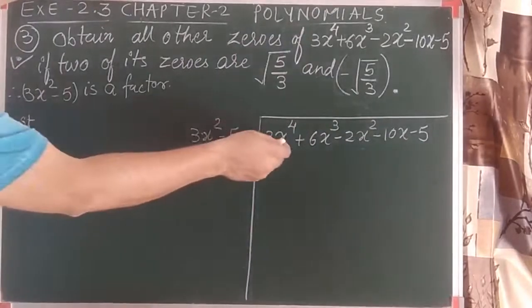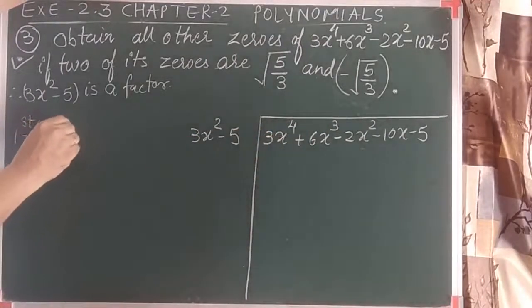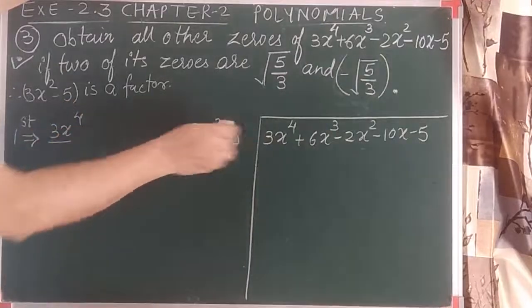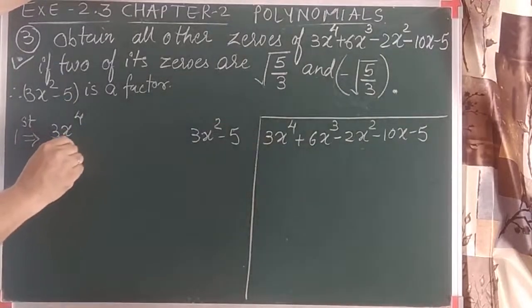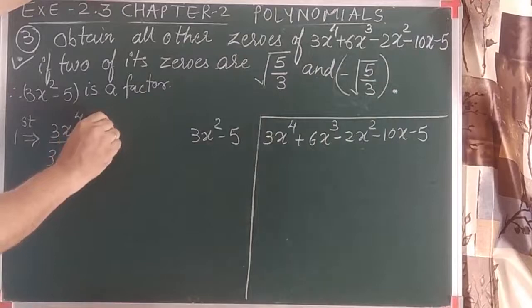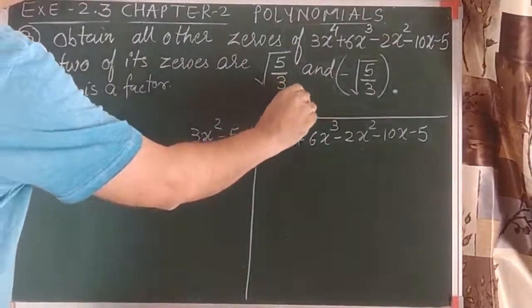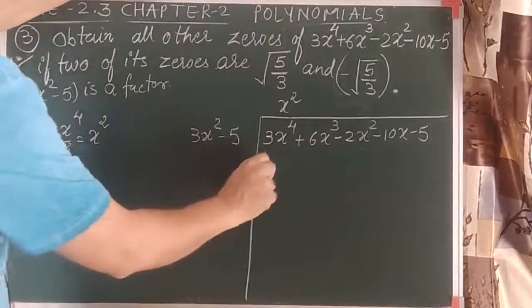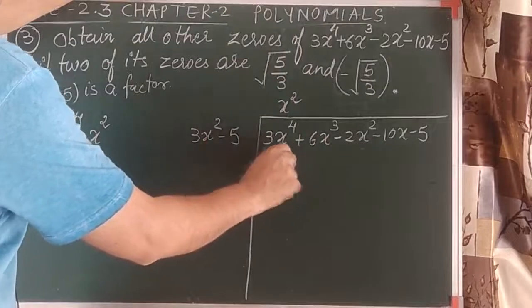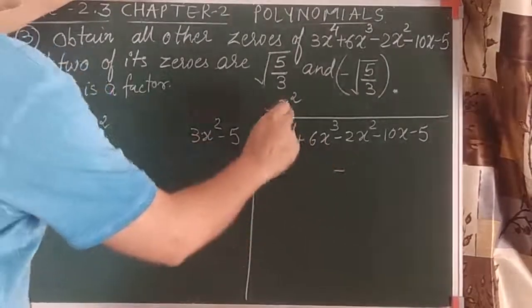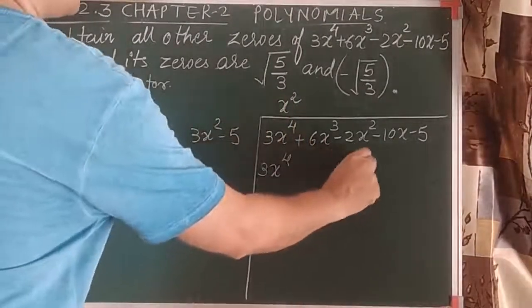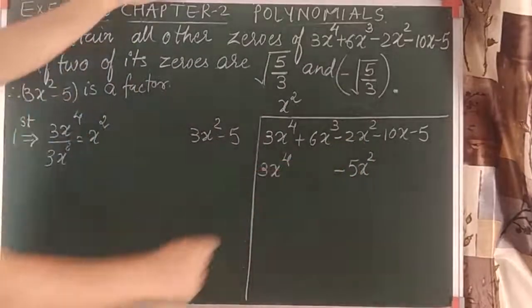To obtain the quotient polynomial, the first term of the dividend should be divided by the first term of the divisor. So it is x square only. As it is x square, it multiplies with both the terms. So it is 3x raised to 4 and 5 ones are 5. Remember, like terms below like terms, 5x square, x square below the x square.